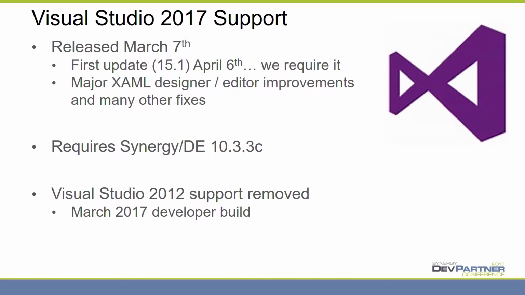So we took that and we basically imposed a requirement. If you want to go to Visual Studio 2017, which we do strongly encourage, it's a great environment now, you do have to be on not only 2017, but update 1 of that product, the 15.1 release. Our 10.3.3c environment is what you will need if you want to support 2017, and it will require that you're on that .1 update.